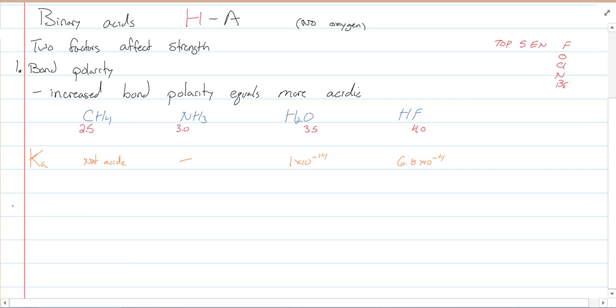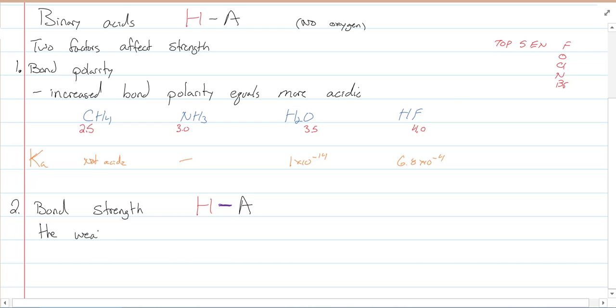Number two is bond strength. The strength of H bonded to A, the strength of this bond right here. The weaker the bond, the stronger the acid.